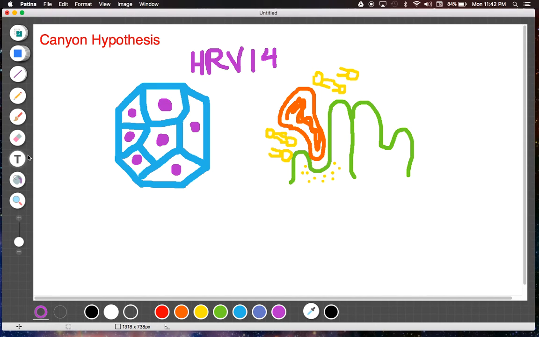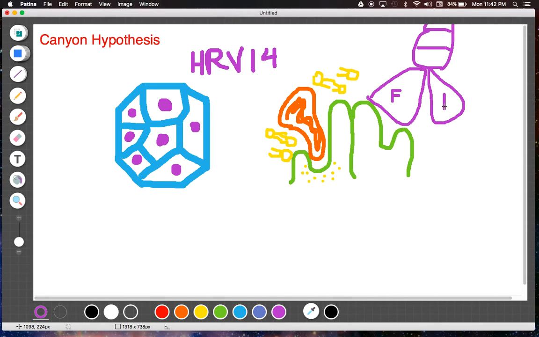However, if the virus is attacked by an antibody, it looks like this. Here's the Fab region. Here's another Fab region. And there's the rest of the antibody back that way. Just going to put F for Fab.